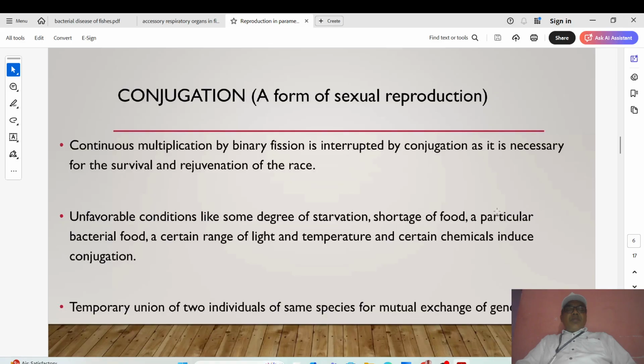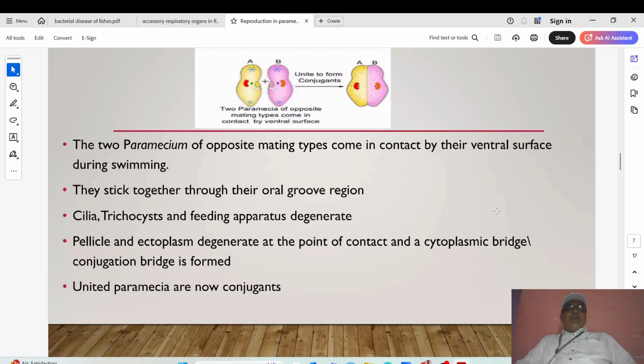It is the temporary union of two individuals of the same species for mutual exchange of genetic material. See here in the figure, we are observing conjugant A and conjugant B.